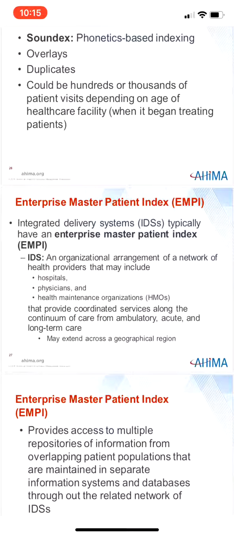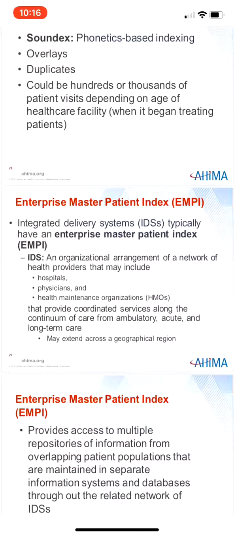An IDS is an organizational arrangement of a network of health providers that may include hospitals, physicians, and health maintenance organizations that provide coordinated services along the continuum of care for ambulatory, acute, and long-term care and may extend across a geographical region. An EMPI allows all of the components of the IDS to share information about that patient.